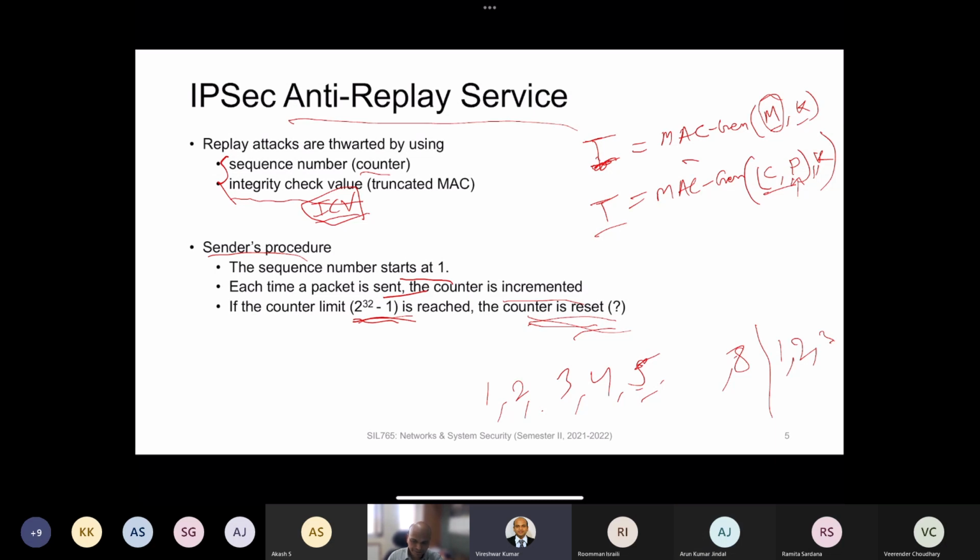No, the thing is that these numbers are quite large. When you are at the end of that cycle, the receiver would also know that the counter is going to be reset, and following the sender's procedure, the receiver will also start to look at the new sequence number starting from 1.